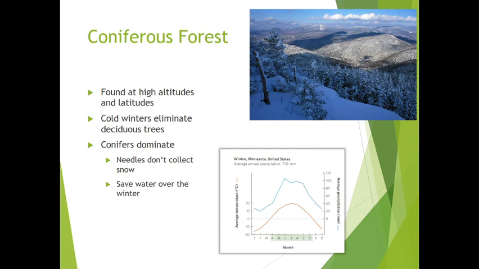As we move north, though, we get to the Coniferous Forest, also known as the taiga. The coniferous forest is found at high altitudes, like on the tops of mountains, and high latitudes. So I should say that again. High altitudes up on mountains, and high latitudes either very far north or very far south.